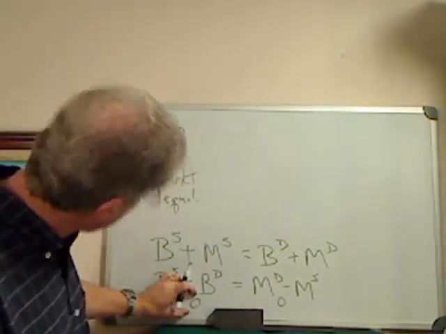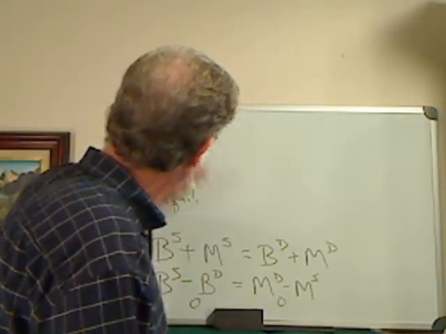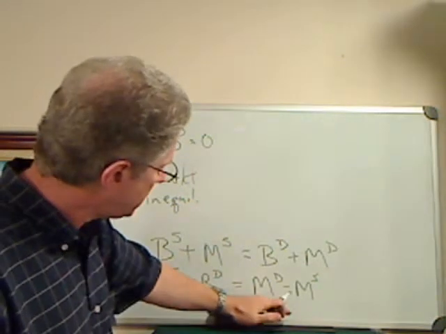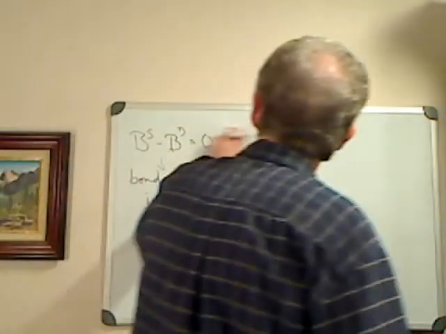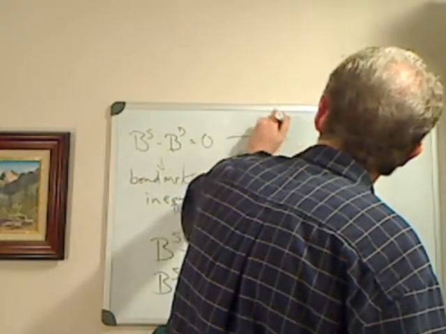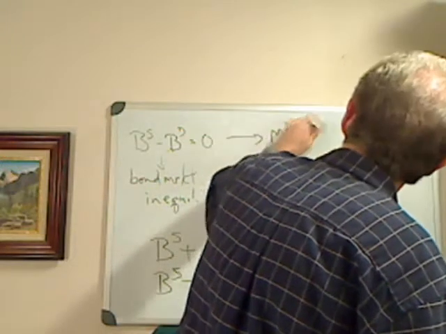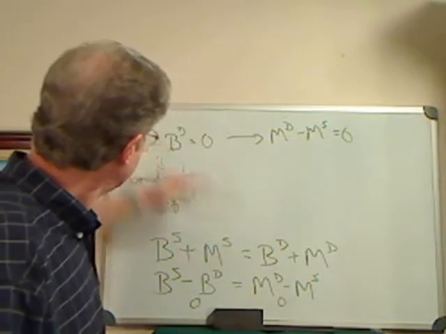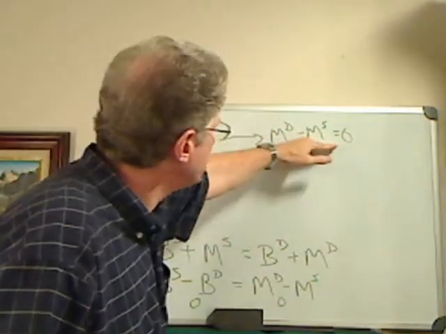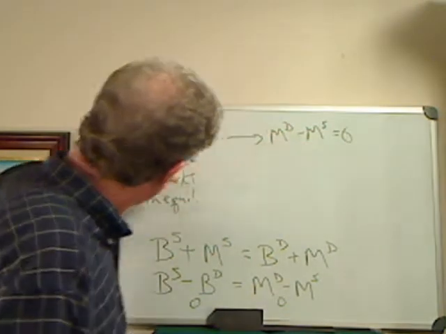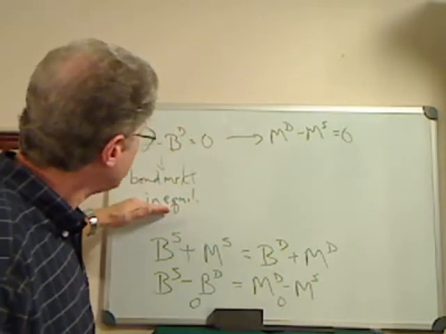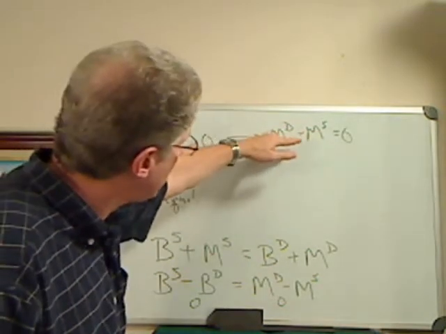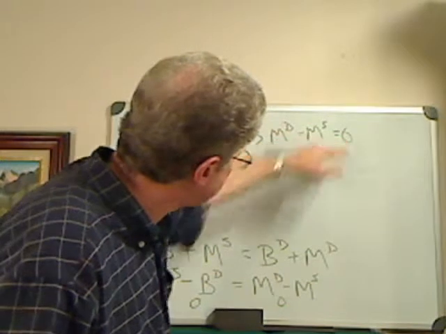And since 0 on the left implies 0 on the right, that means that this is 0. If the bond market is in equilibrium, then this difference is 0.